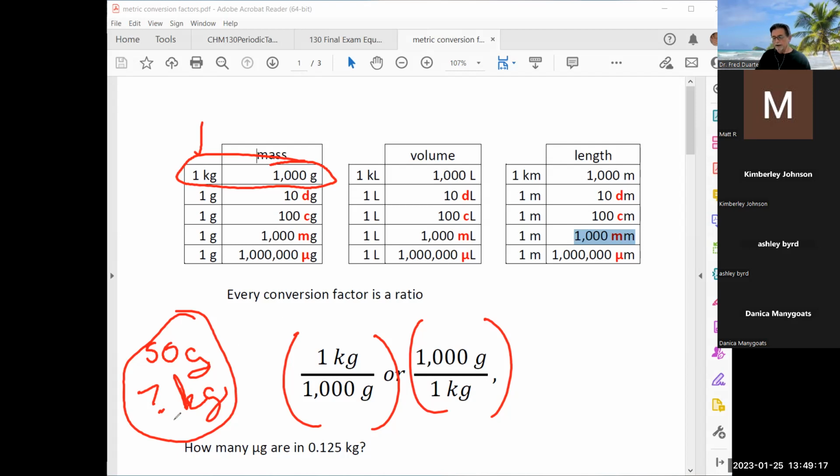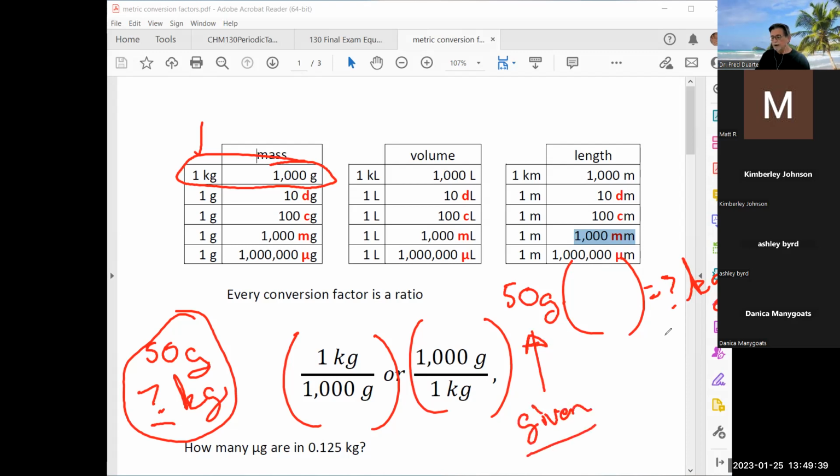And so keep in mind, I have 50 grams, and I write that down first because that is what I'm given. And then I'm looking for units of kilograms, okay? That means I have a factor here that I'm going to set up. So this is what I'm given in the problem, okay? And this is what I'm looking for. I'm trying to find the answer, and I use the units that I'm looking for, okay?